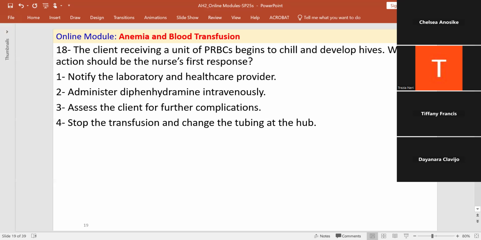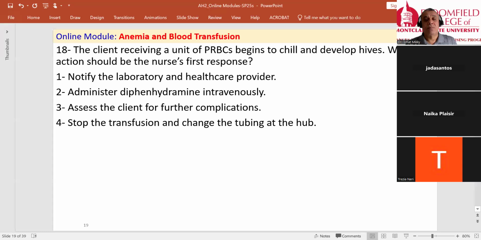The client receiving a unit of packed red blood cells begins to have chills and develop hives. Which action should be the nurse's first response? I think it is to stop the infusion. And why? It's a reaction to the blood, Professor. Right.